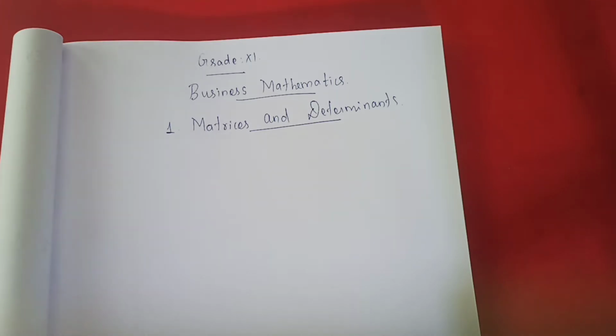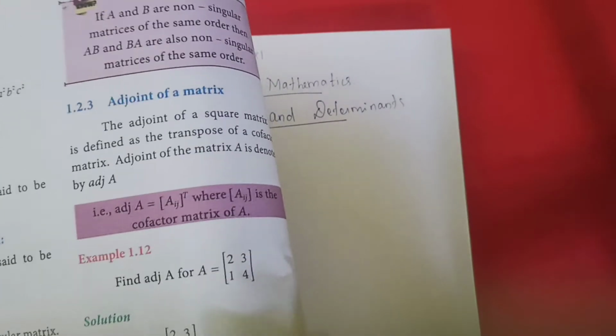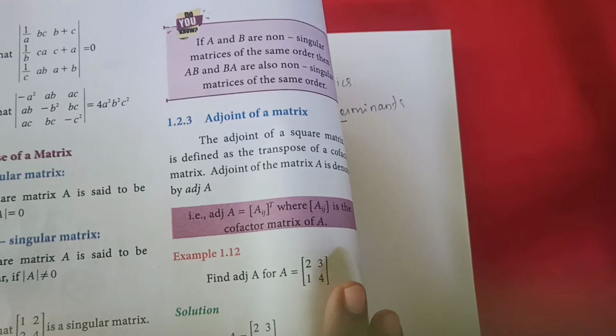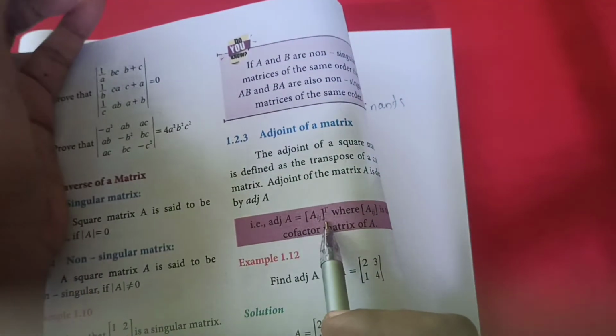So students, I will remind you what you mean by the adjoint of the matrix. The reason is today we are going to do problems related to that. The adjoint of a matrix means Aij the whole transpose.